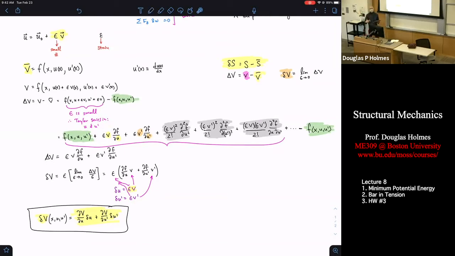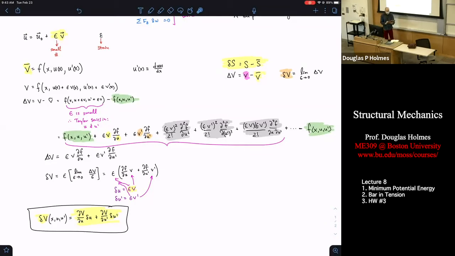We need to minimize our total potential energy to find the shape of our structure. Our total potential energy is a functional. So in order to minimize the functional, what we need to do is apply a virtual displacement to all the material points. And then we're going to use that virtual displacement as our way of minimizing it, just like we did last class.